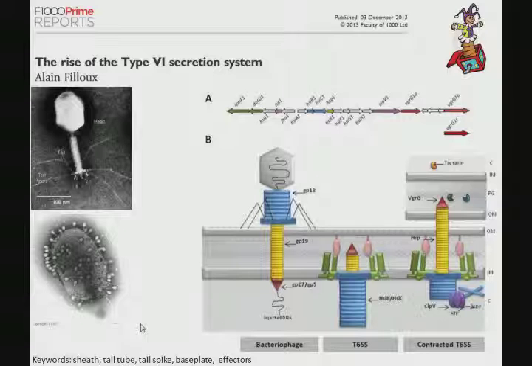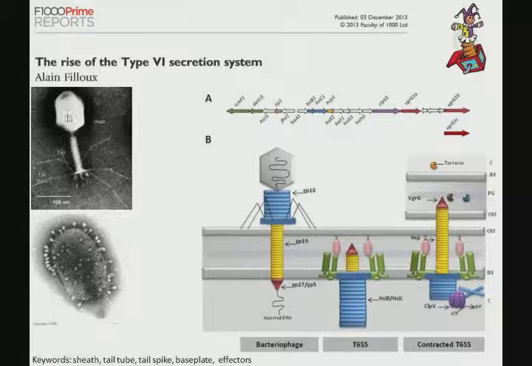This is really cool. Some years ago there was the discovery of type 6 secretion systems, which in part mimic the structure of a bacteriophage. That's an EM picture, a very old one actually, of a bacteriophage. It's got its head, the sheath, and tail fibers that it uses to sit down on the bacterial surface.